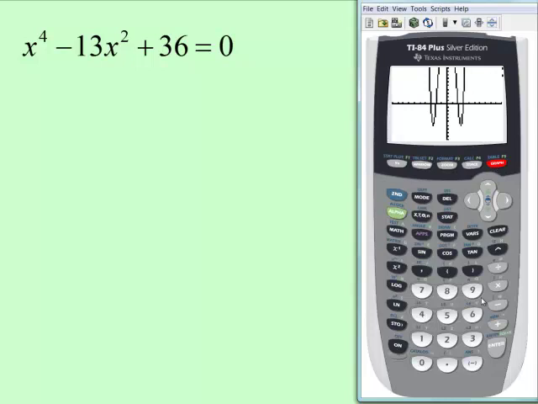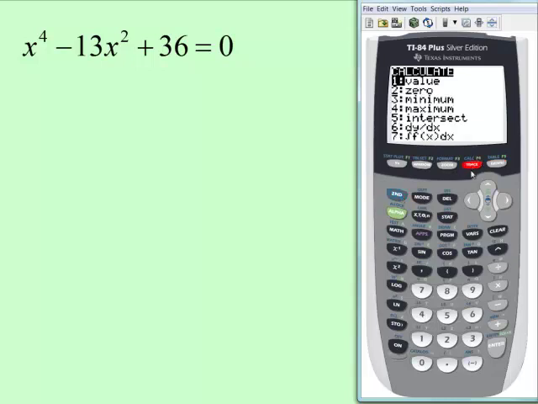Now remember, y equals 0, the right hand side of the equation, means the x-axis. So I see 4 places where the graph x to the 4th minus 13x squared plus 36 intersects the graph y equals 0.